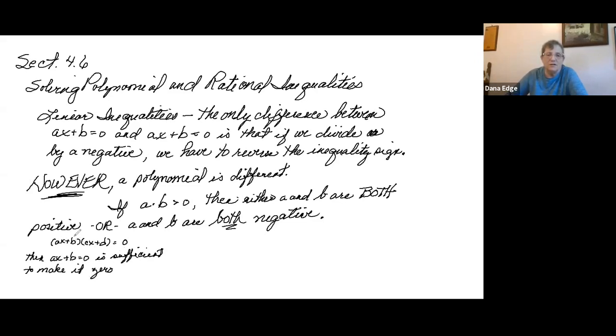Because if this is 0, then 0 times this won't even matter. Or if cx plus d is 0, it will all be 0.